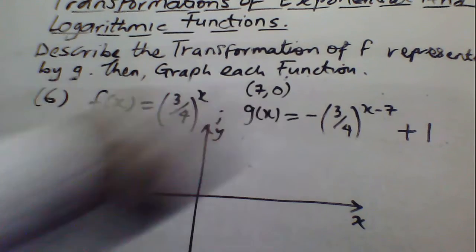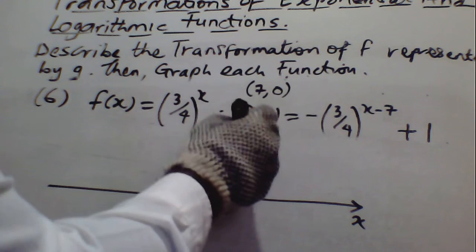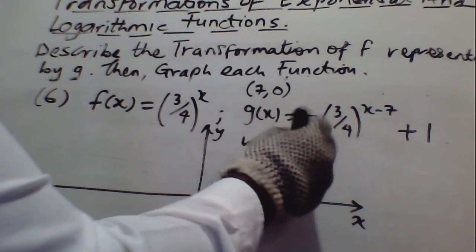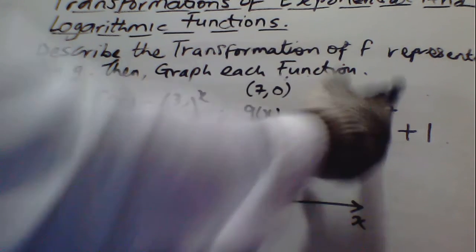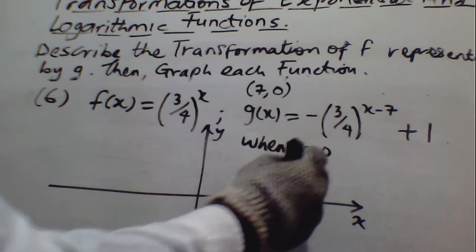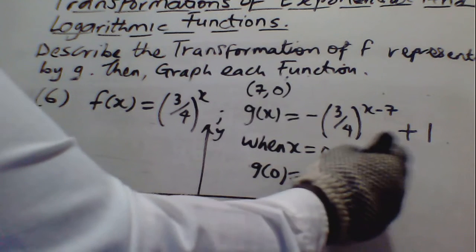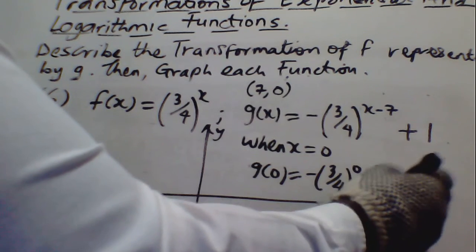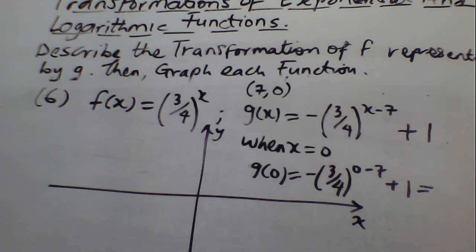The next is to get the second point. When x is 0, if we put 0 here, we have g of 0 equals minus 3 over 4 to the power of 0 minus 7, plus 1. So use your calculator to find this value.